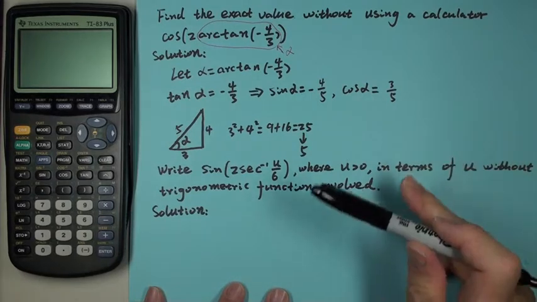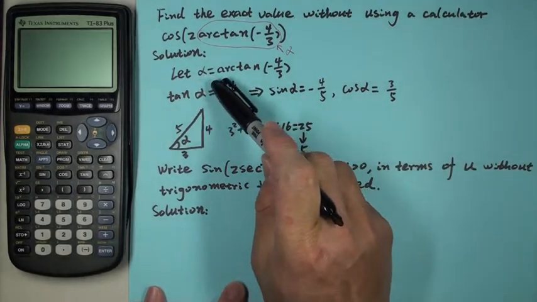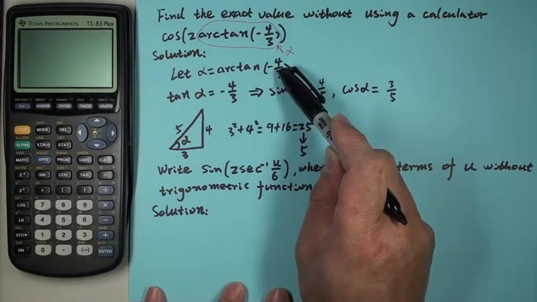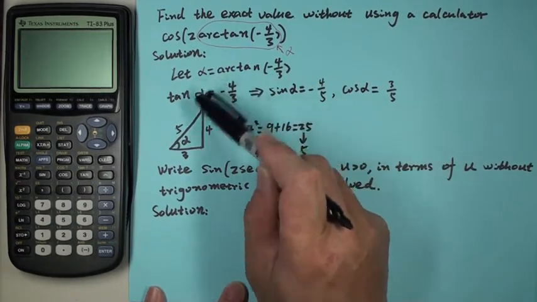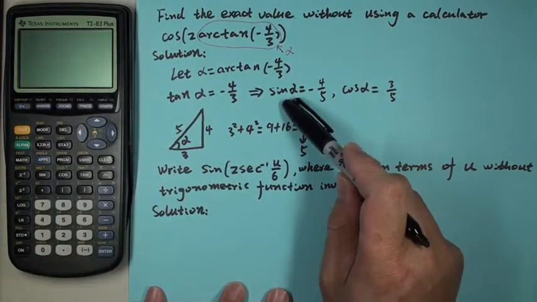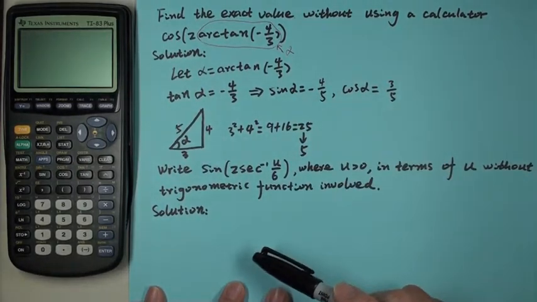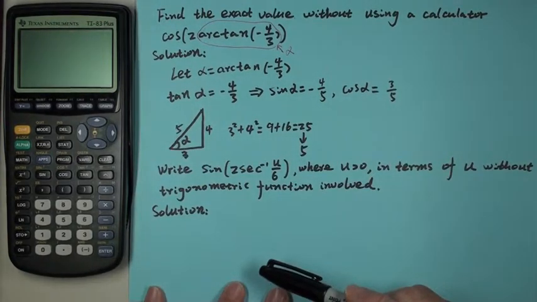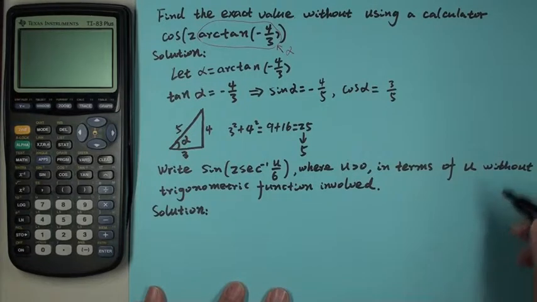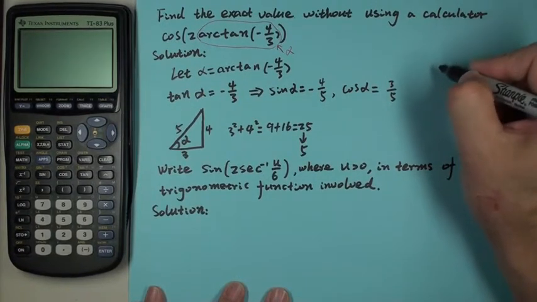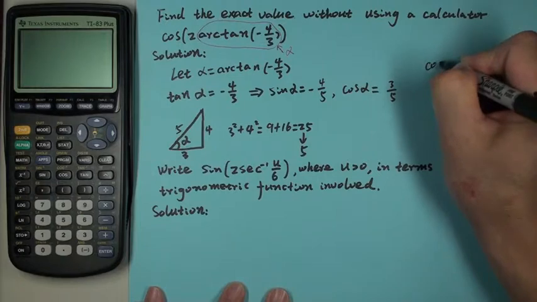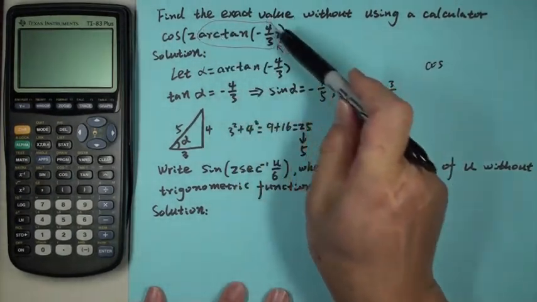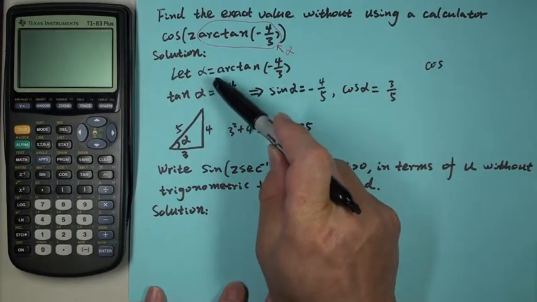Alright. So based on the fact that arctangent of negative 4/3 is alpha, we can get sine alpha and cosine alpha easily by using the picture and the Pythagorean theorem. Now, once you let this one be alpha, you have two things.